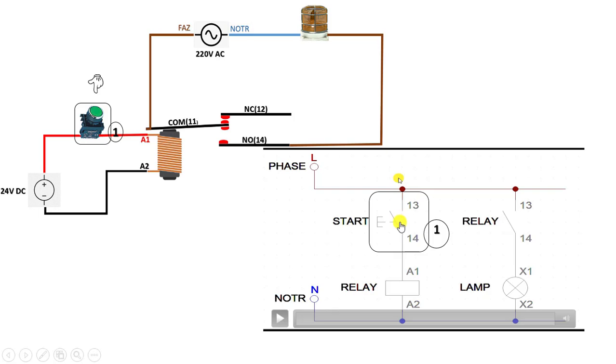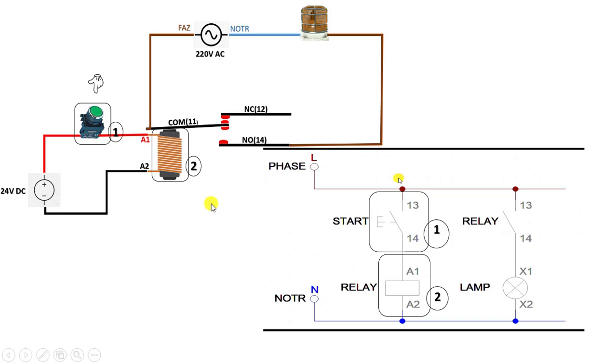Yes, later on our relay, there was a coil. As we have shown before, this is A1 and A2. We symbolize it like this, with legs, and we have the open contact. Common tip and open. We symbolize our contact together in the circuit drawing.